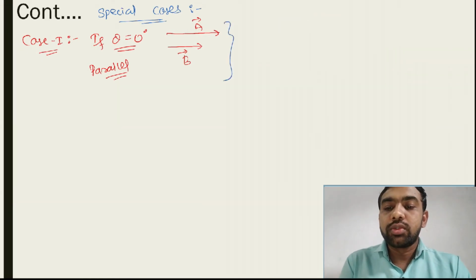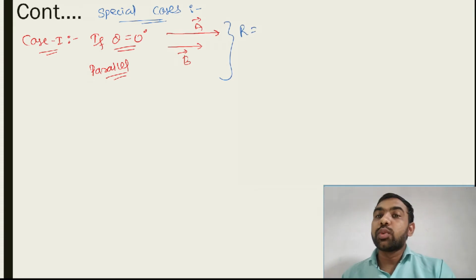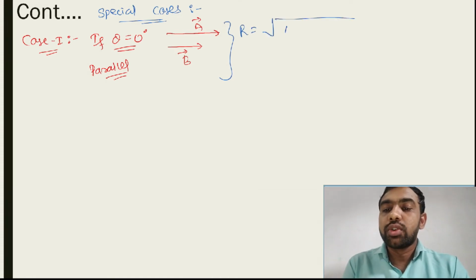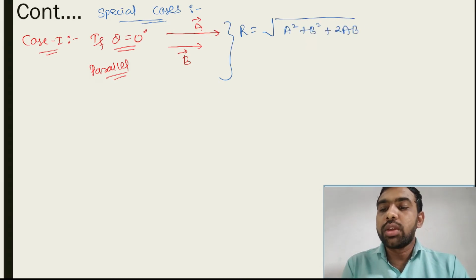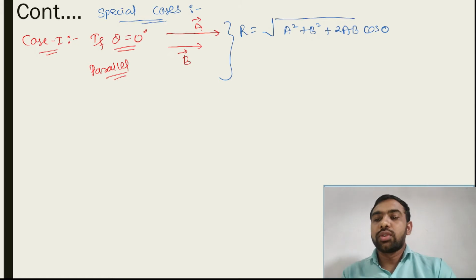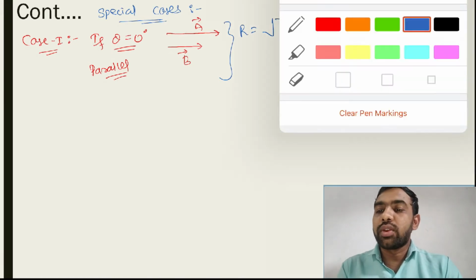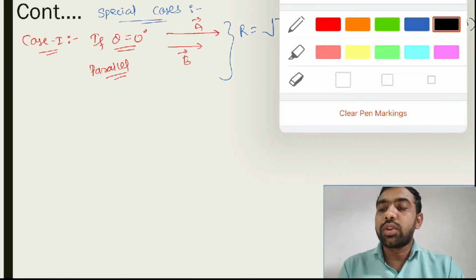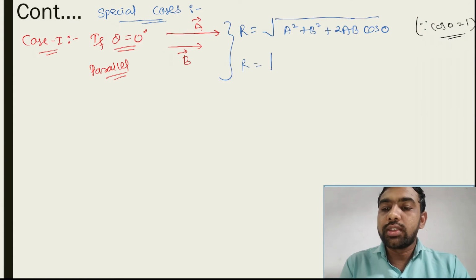So resultant r is equal to under root a square plus b square plus 2ab cos 0. Cos 0 is always 1, as we know. So put this value, it is equal to 1, and you get the final answer. So r is equal to under root a square plus b square plus 2ab.